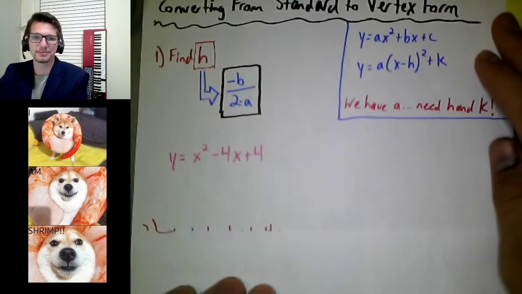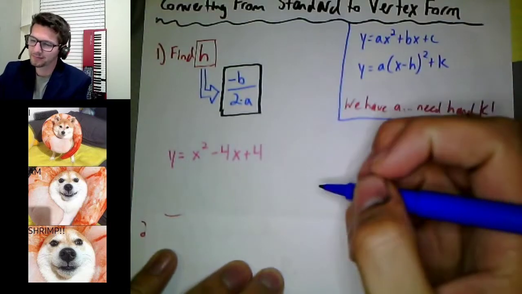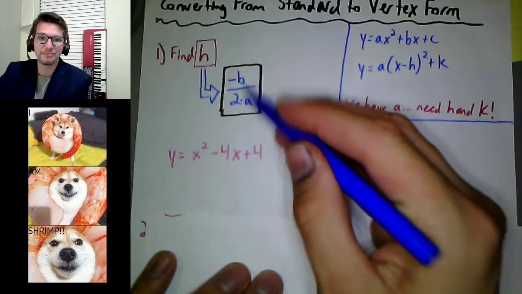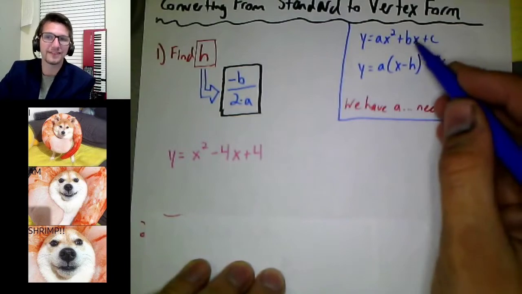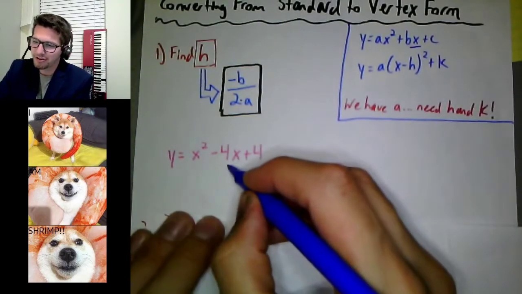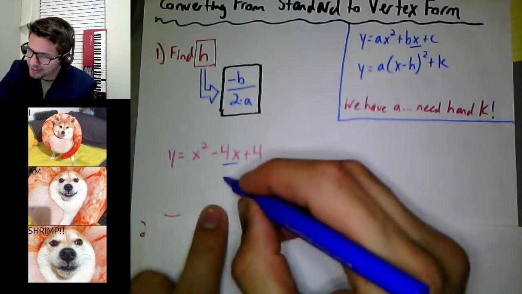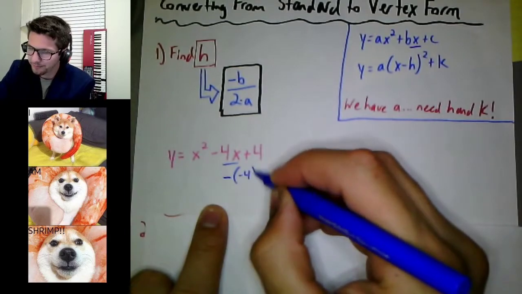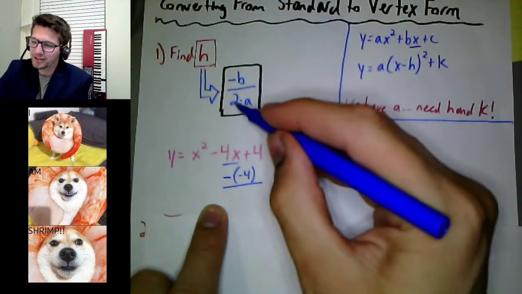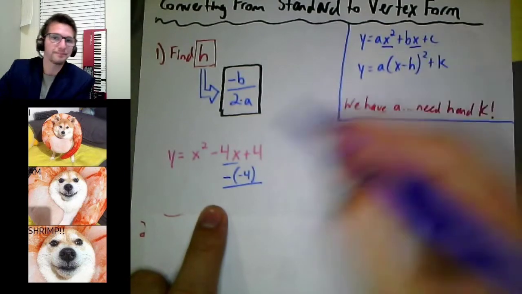If I had an example problem of y equals x squared minus 4x plus 4, I take the opposite of b. b is my second value, the one that's paired with the linear x, so that would be negative 4. The opposite of negative 4 goes over 2 times a, which is the first number, the one paired with the quadratic term.